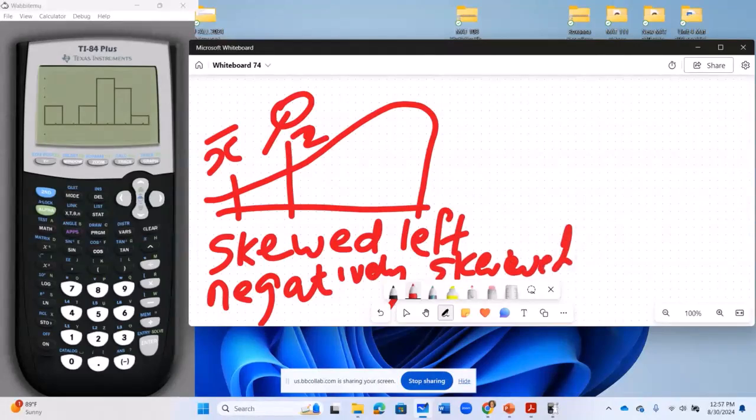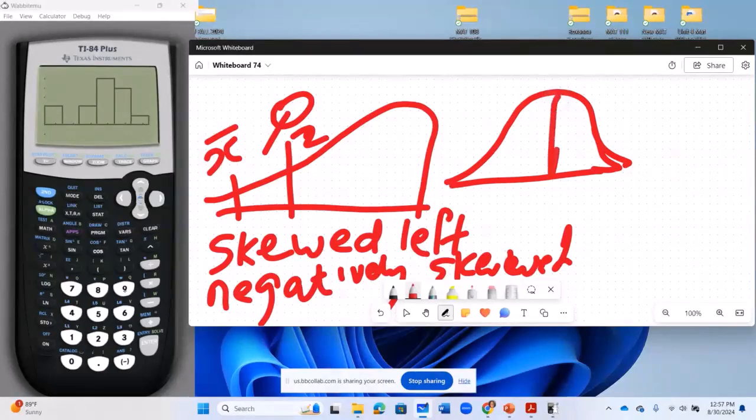Okay, if data is normally distributed or bell-shaped, then the mean is equal to the median. That's a crooked bell shape, forgive me for that.